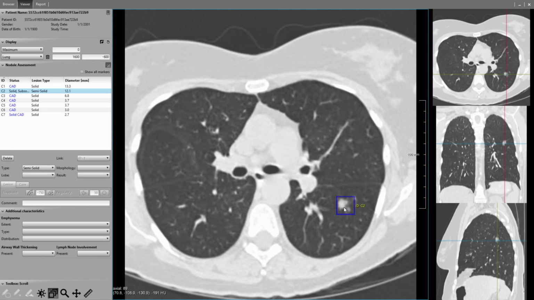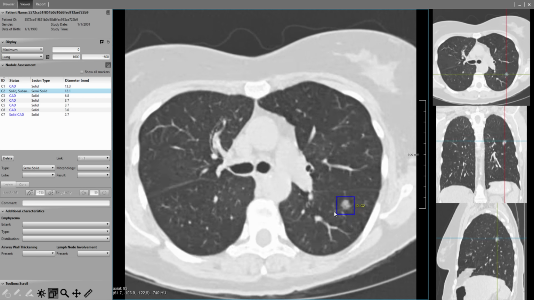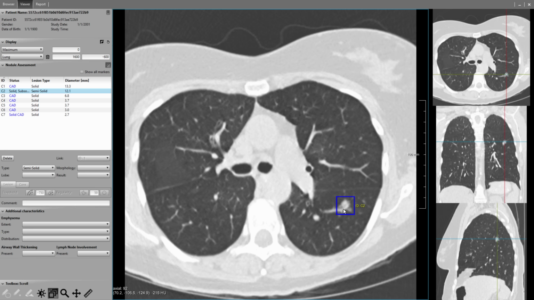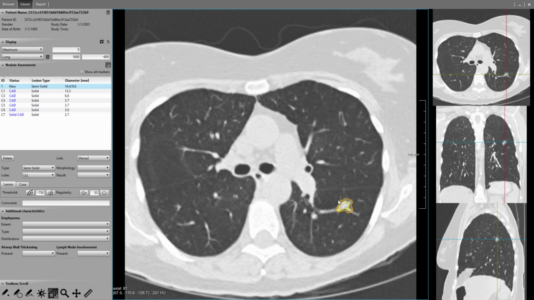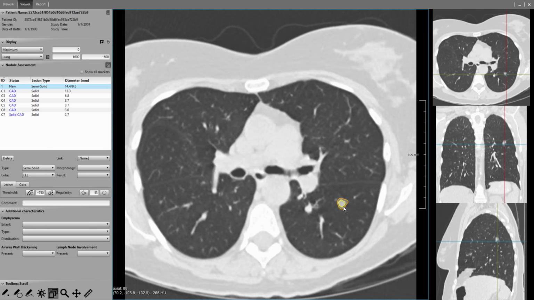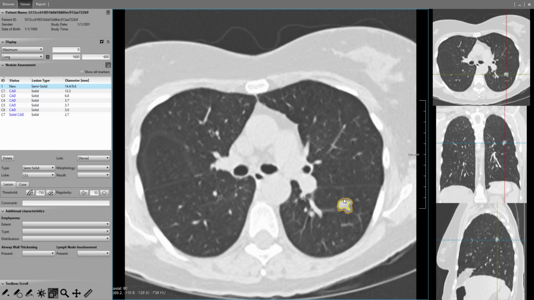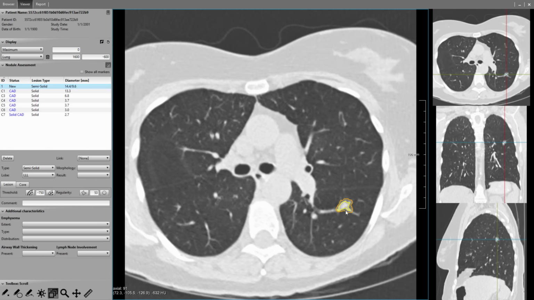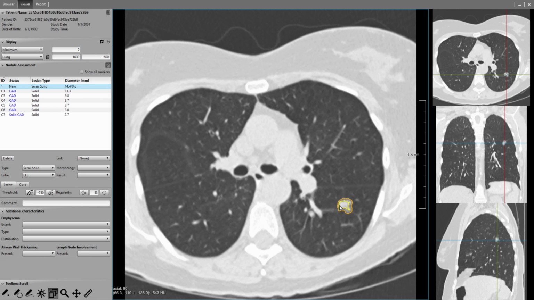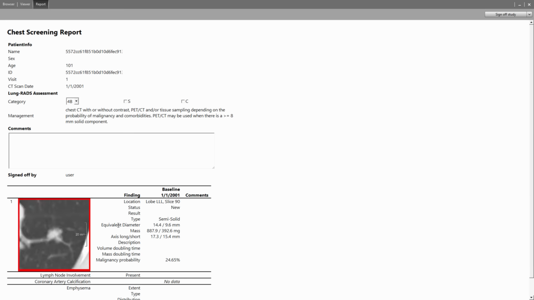This lesion looks quite suspicious. Clearly that's not a vessel. It looks a bit part solid maybe. The computer says this is a semi-solid lesion with a solid inner core and a more subsolid outer core, and this lesion has a high chance of being malignant.